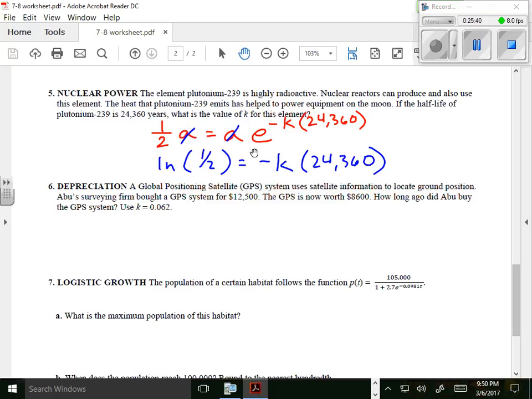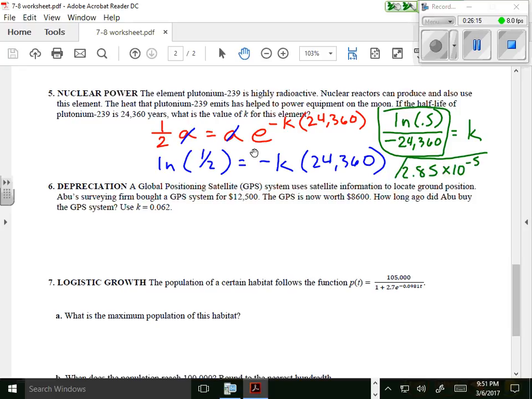So in your calculator, you would have the natural log of 0.5, do it like that, mess with fractions, divided by a negative 24,360, would give you the k, the constant for the half-life. Put that in your calculator, you get approximately 0.0000285. It says 2.85 times 10 to the negative fifth. That would be your answer.